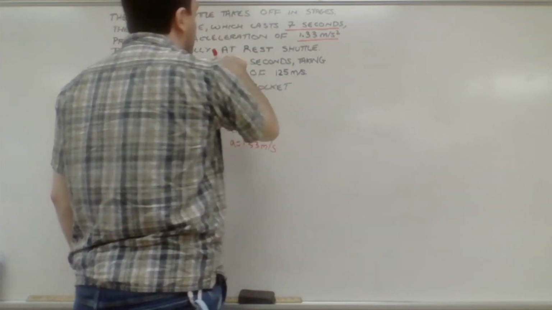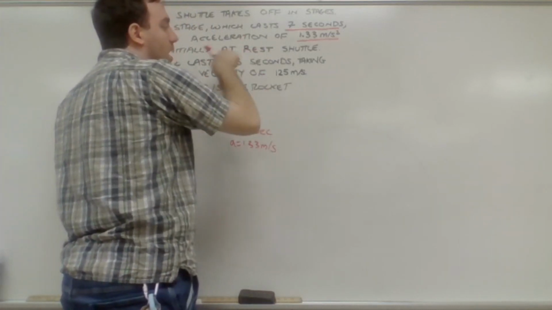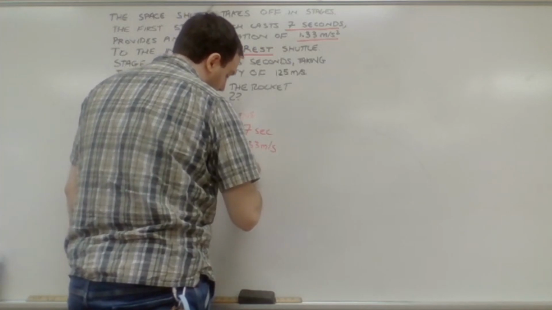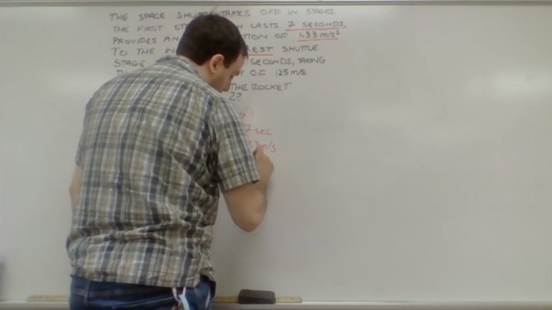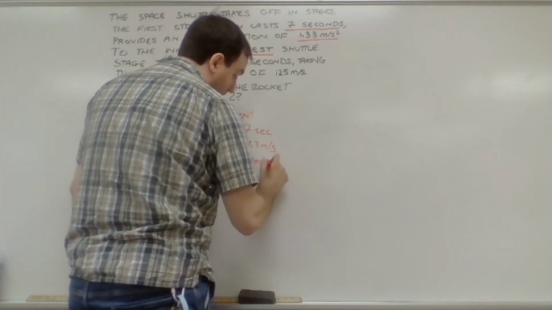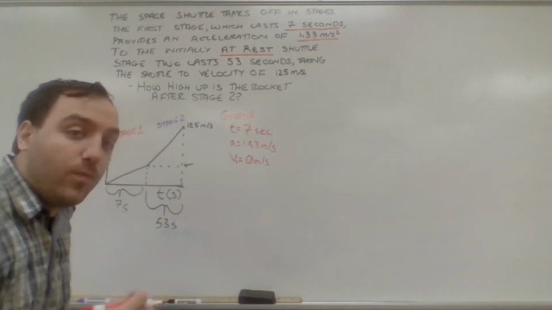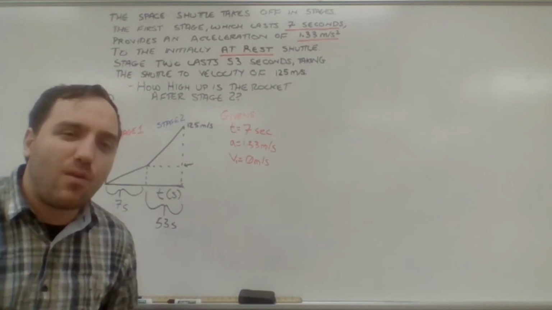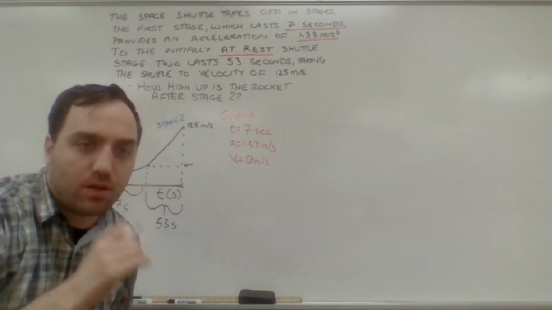And it tells me it starts at rest. This is not a number, but it does tell me it starts from an initial velocity of 0. This becomes very helpful in scenarios down the road. Whenever you see at rest or to a stop, you know there's a 0 somewhere in the problem.